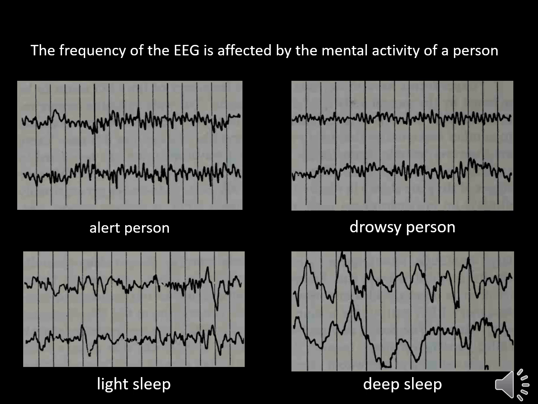A drowsy person, particularly one whose eyes are closed, often produces a large amount of rhythmic activity in the range 8 to 13 Hz. In light sleep, a large amplitude, low frequency waveform emerges. Deeper sleep generally results in even slower and higher amplitude waves.